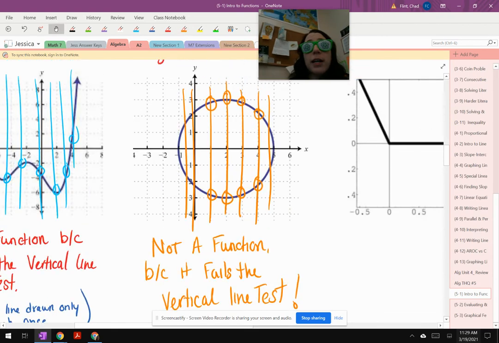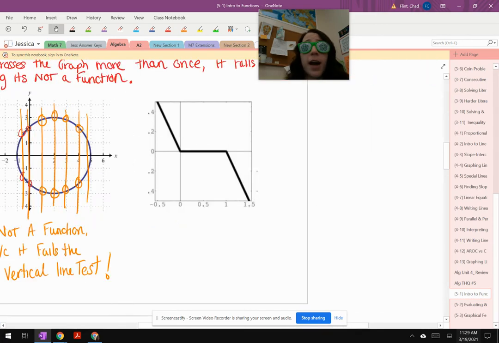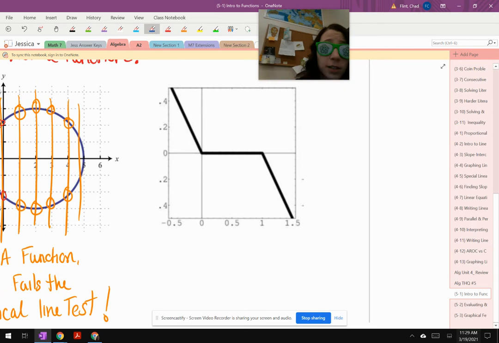Boom. That vertical line, more than one of them, it doesn't have to be more than one, just one, but all of them hit that graph more than once, and that's a problem. And last example here with the graphs, again, vertical line test.